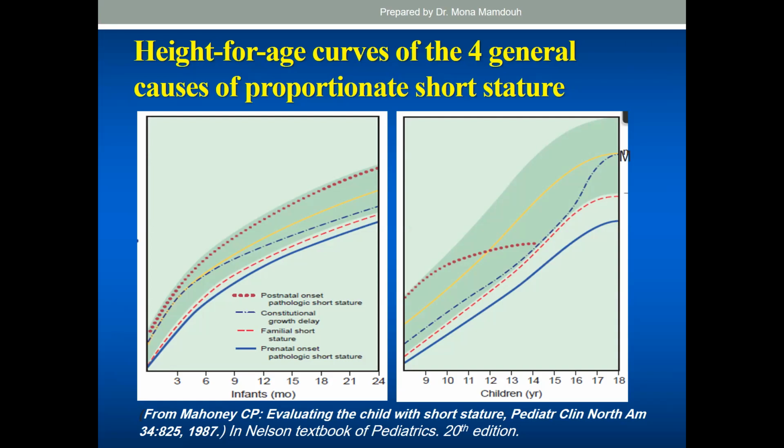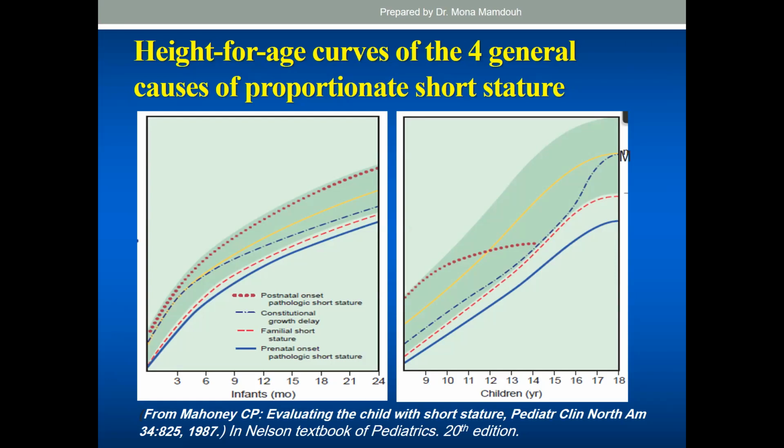The constitutional delay of growth and puberty starts in infancy with normal growth, and then you find a deceleration occurring, which is very evident during childhood, but finally, after a delay, after getting into puberty, the child then accelerates again and has a catch up with normal target height range at the end.